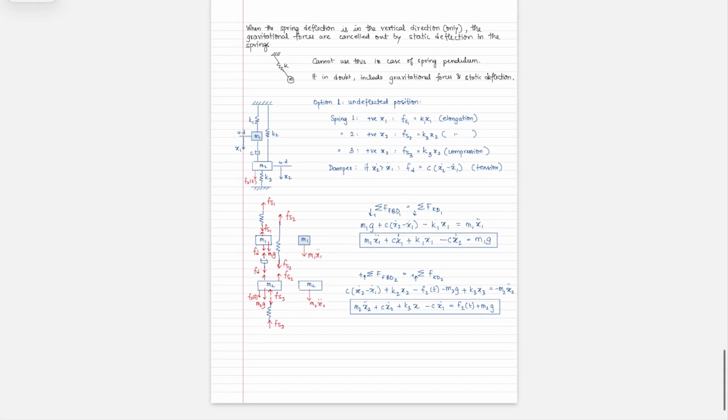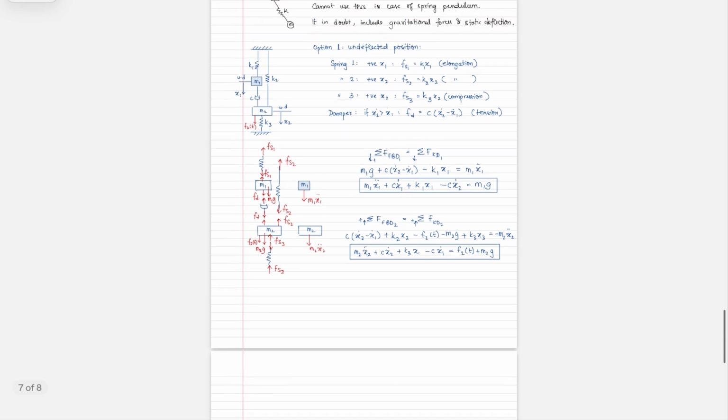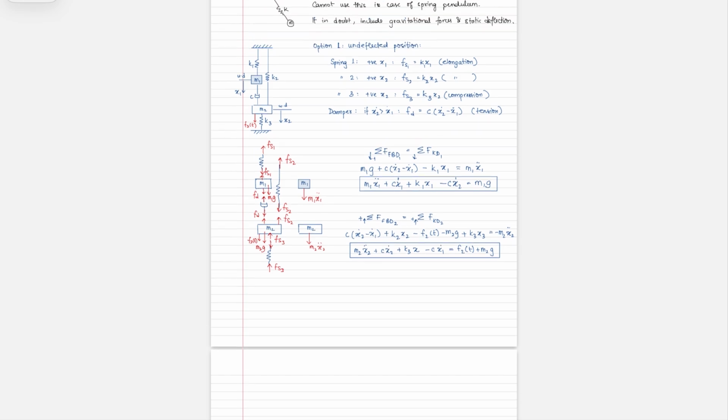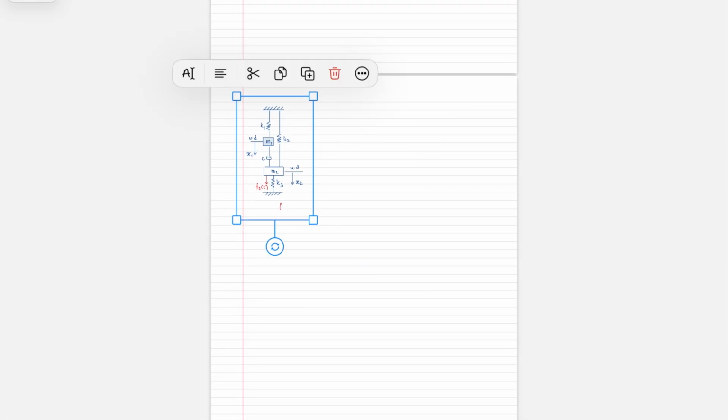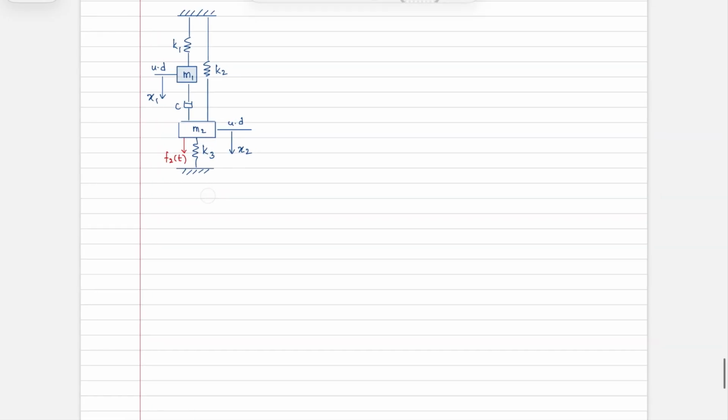If, on the other hand, you choose to measure from the SEP, so the same system, I'm just gonna measure it from the SEP now. So this here's the SEP.